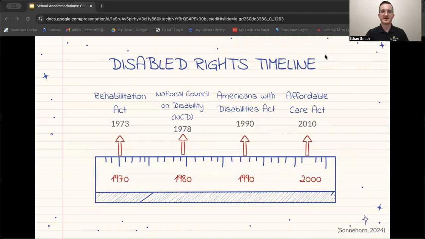However, we're going to dive deeper into this piece of legislation as well in the following slides. Lastly, the Affordable Care Act of 2010 worked to not only expand the number of people in the US with health insurance, but also prohibited insurance companies from denying people coverage due to pre-existing conditions or disabilities, including diabetes.